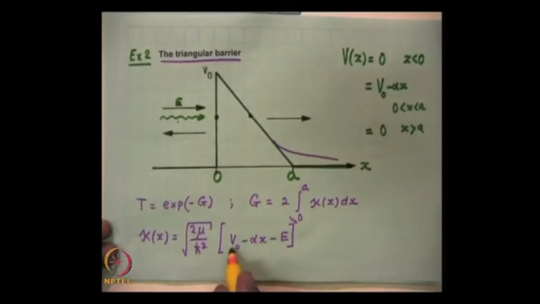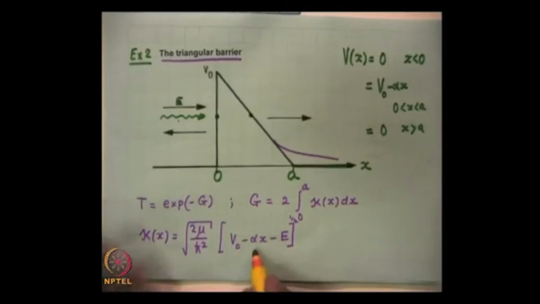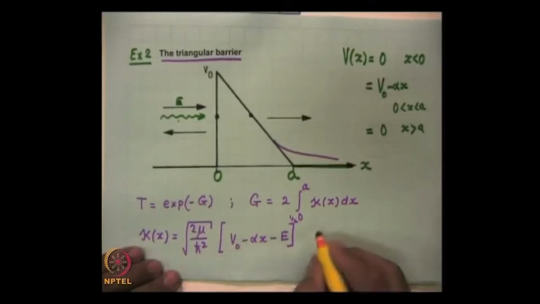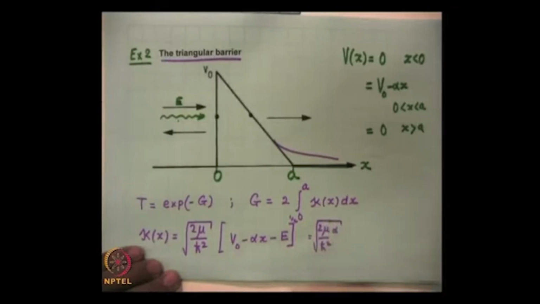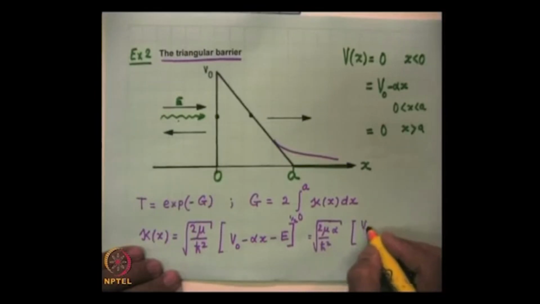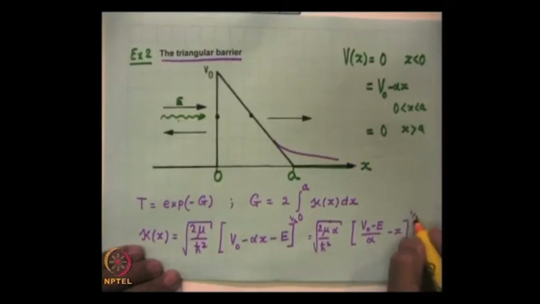So, what I will do is that I will write this down by taking alpha outside. So, this will be 2 mu by h cross square, and alpha if I take outside, 2 mu alpha. Then this will be V0 minus E divided by alpha minus x raised to the power of half.